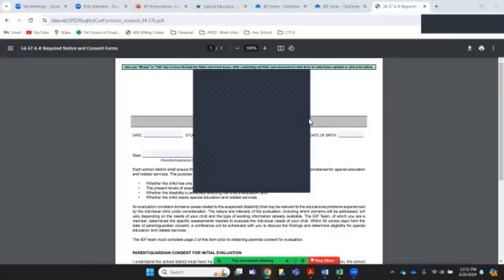If the IEP, so it depends on whether you revoked your consent to receive services. If you revoked and said, no, I don't want your services, that washes their hands clean of providing a free and appropriate public education for your child. So if the IEP is still valid, like it hasn't expired, but you've already said, nope, I'm not accepting that, they basically have said, okay, you don't want these services.